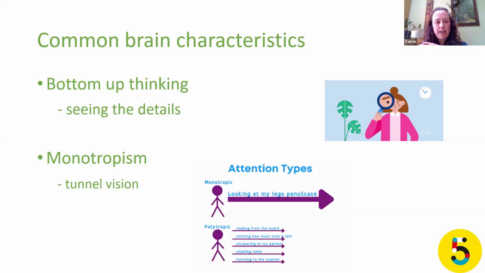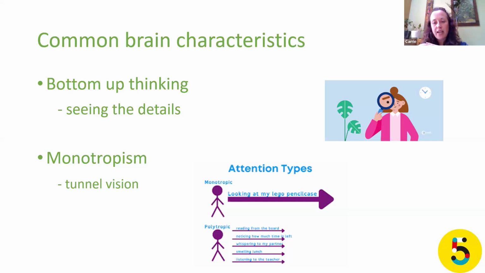The other common brain characteristic is monotropism. Monotropism is best defined or understood as that kind of tunnel vision. So that idea of being really focused on one thing and intently looking at that to the exclusion of all else.